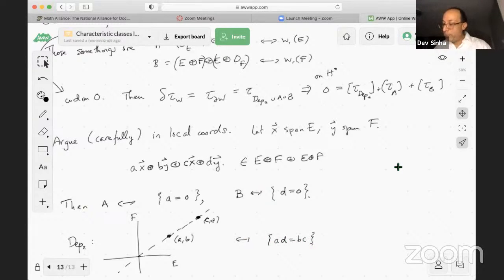Let's go ahead and do the check that this is coordinate independent. Let's suppose we replace x by, say, 2x.